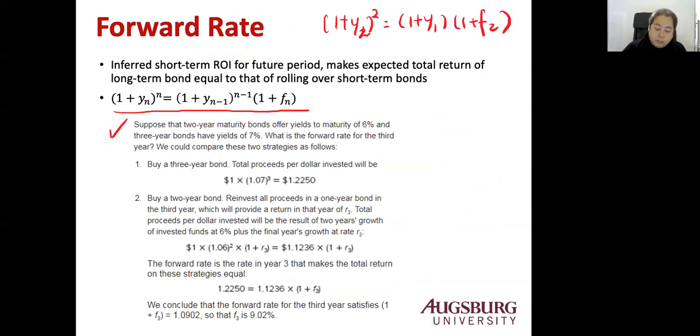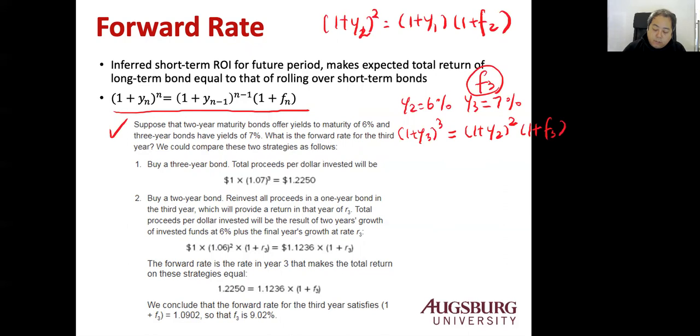We have another example, the third year one. So suppose you have 7% for the 3-year rate and 6% for Y2, the 2-year rate. What about the forward rate of the third year? Then we can have 1 plus the 3-year rate, to the third, equals 1 plus the 2-year rate squared times 1 plus the third year forward rate.